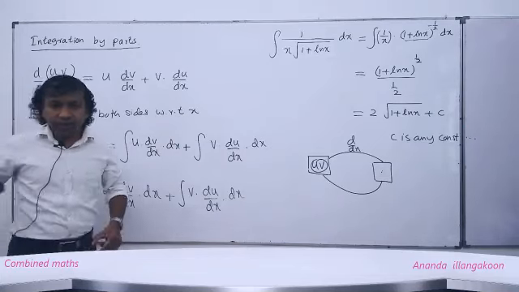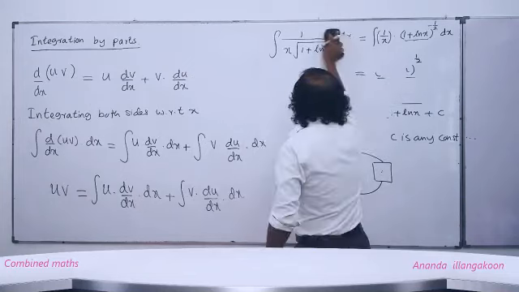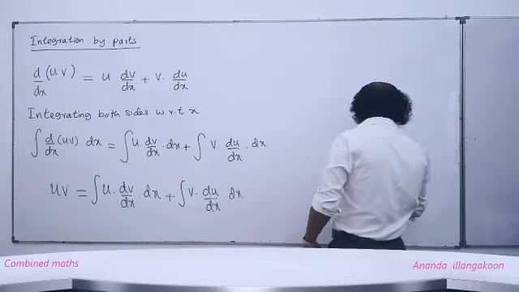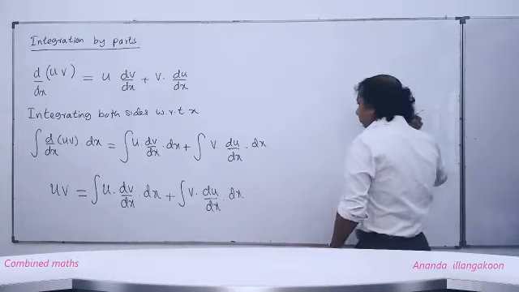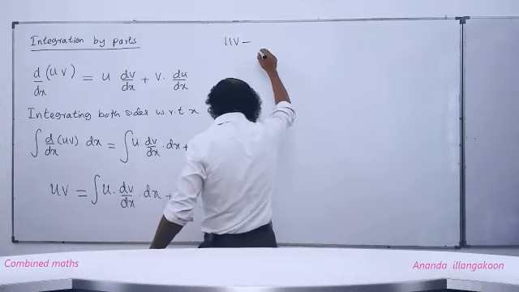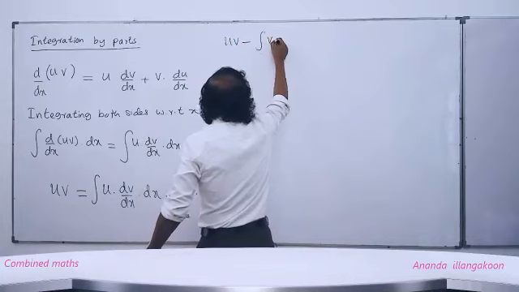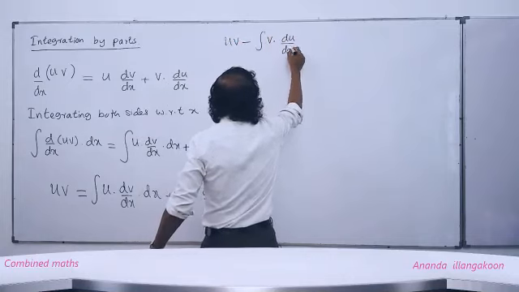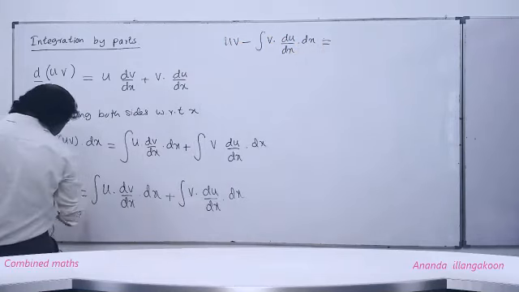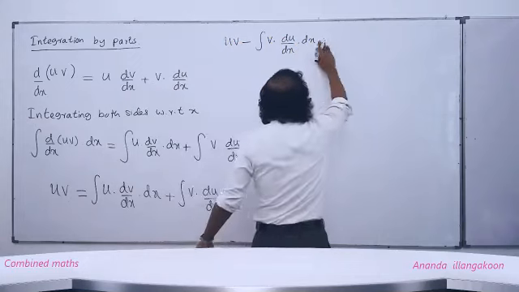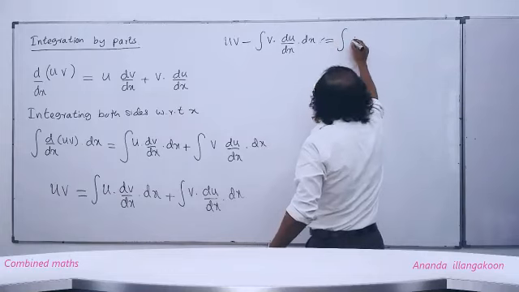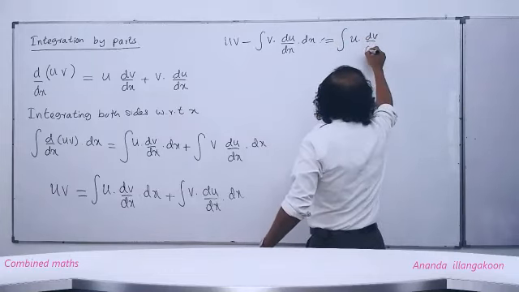Once you do that, this is what we get: uv minus v times du by dx equals integration of u times dv by dx.